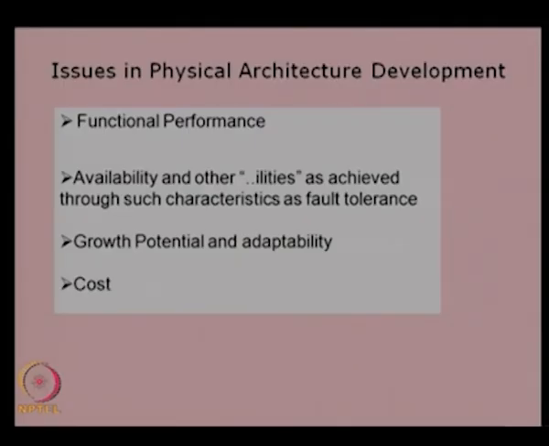So, in the next lecture we will see how to take care of these features, basically the reliability of the system or the fault tolerance of the system, and how we provide the physical components to give these functionalities in the system. In the previous structure, from the functional architecture we developed the generic physical architecture, and from the generic physical architecture we tried to develop the alternatives and then the instantiated physical architecture.